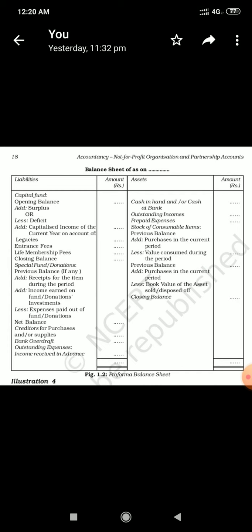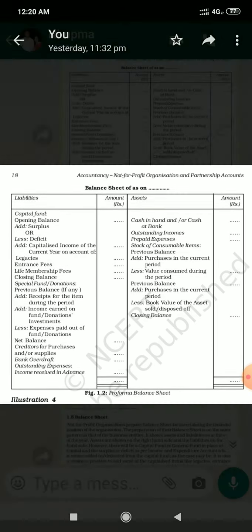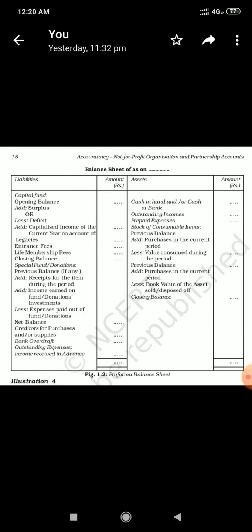Then outstanding income, prepaid expense, stock of consumable items: the previous balance, then add purchases in the current year, less value consumed during the period.